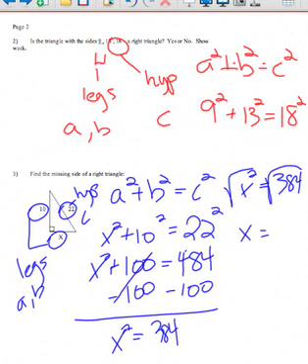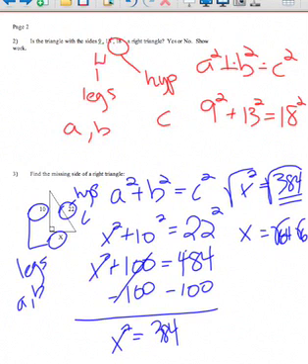Square root of 384. Now, there's a number of ways of doing it. You can do it pretty basic. You can see that 64 goes into 384 6 times. The reason why is we're looking for perfect squares that are divisible into 384.